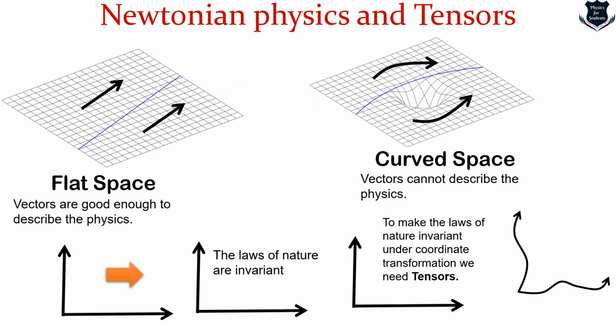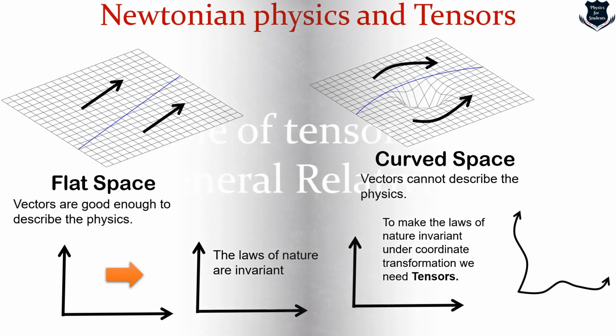So this part of the video gives you clarity on why Newtonian physics or classical mechanics do not use tensors: because it is not necessary. There is no curvature, there is no covariant derivative and other complexities. It is flat to flat. But yes, I have shown you that we can use tensors to write Newton's law.